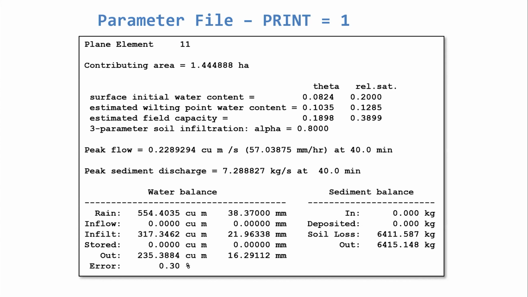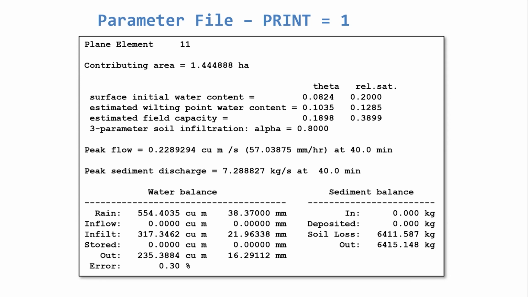Okay, if you want to get more details on a particular element, you pick print equals 1. Again, these values are in the parameter file, and you say, all right, I want to see details on this particular element because something's going on and I want to check it more carefully.